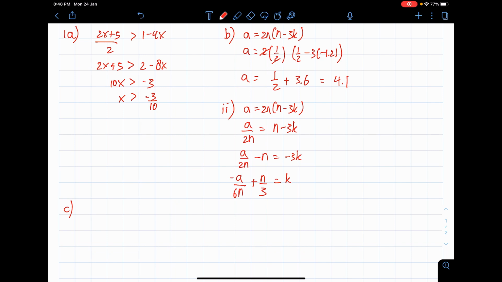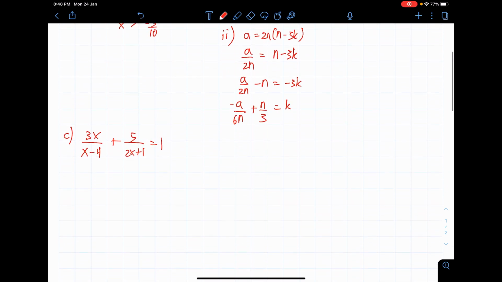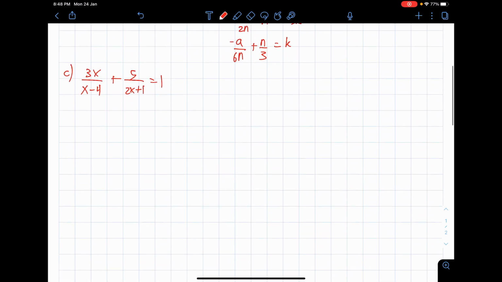Solve the equation. You have a fraction like this. Give your solutions to 2 decimal places. Well, this is just about solving the fraction. I'll make the same denominator for both sides. The first fraction needs to multiply with 2x plus 1, whereas the second fraction is multiplied by x minus 4.